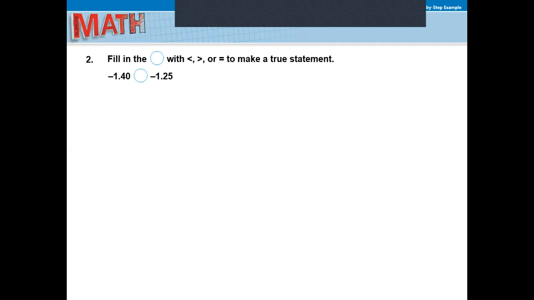Number 2, fill in the blank with less than, greater than, or equal to make a true statement. -1 and 40/100 compared to -1 and 25/100. Think about it. Which one goes farther left on a number line? They've made a vertical number line here. So which one would be farther down? They graph -1 and 4/10 here, and -1 and 25/100 is farther up.